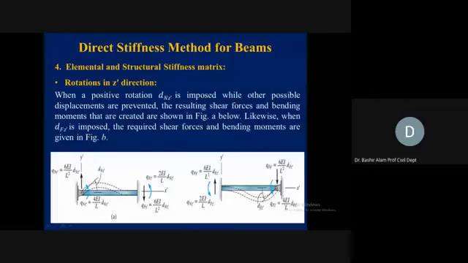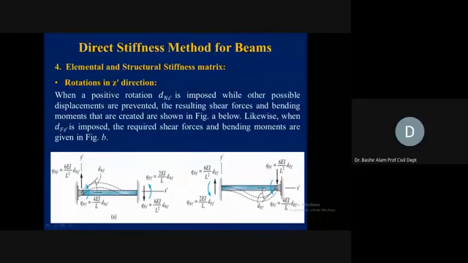Similarly, when we give this rotation at the far end, the same kind of member end actions, 4EI, 2EI, and 6EI, are produced. This sketch will give you the second column, and this will give you the fourth column.